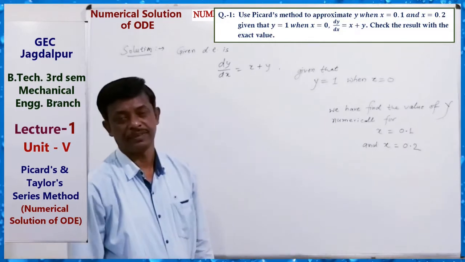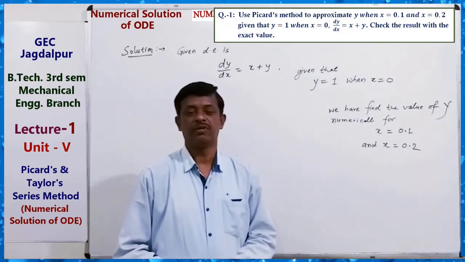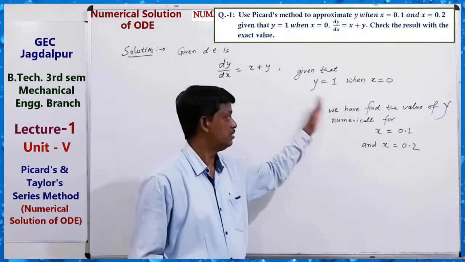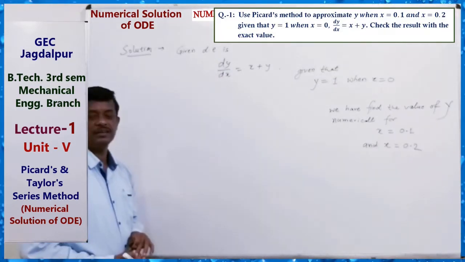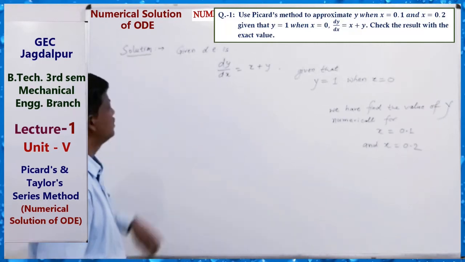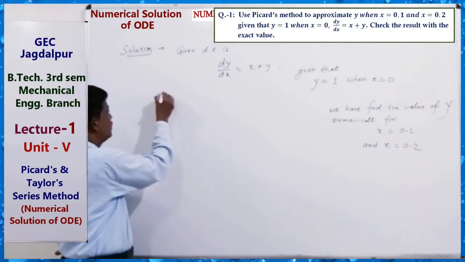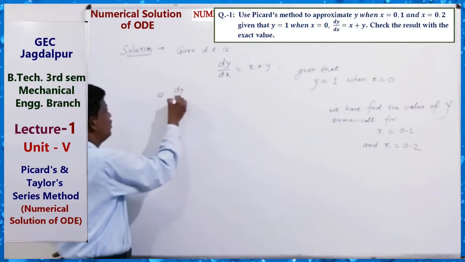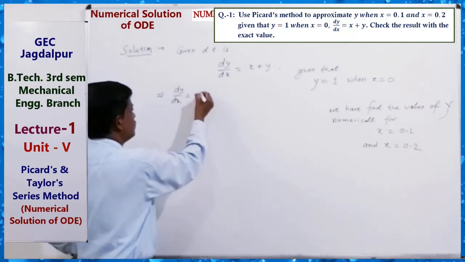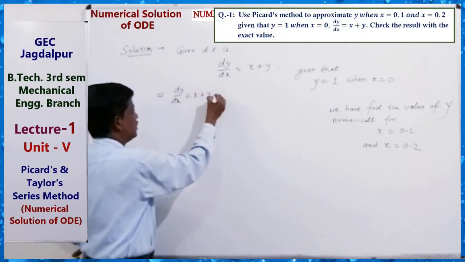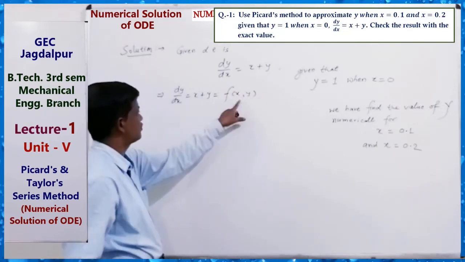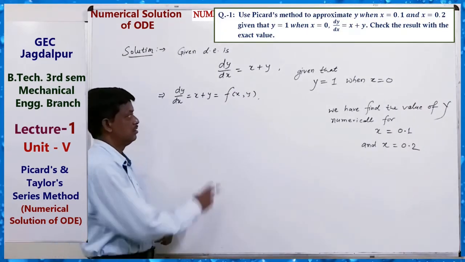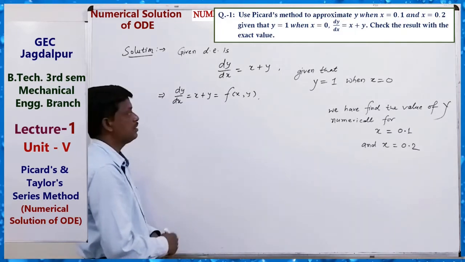Clear? So first of all, for numerically finding the value of y, just use Picard's method. So here we can write dy/dx equals x plus y, that is the function f(x, y), meaning f(x, y) equals x plus y.